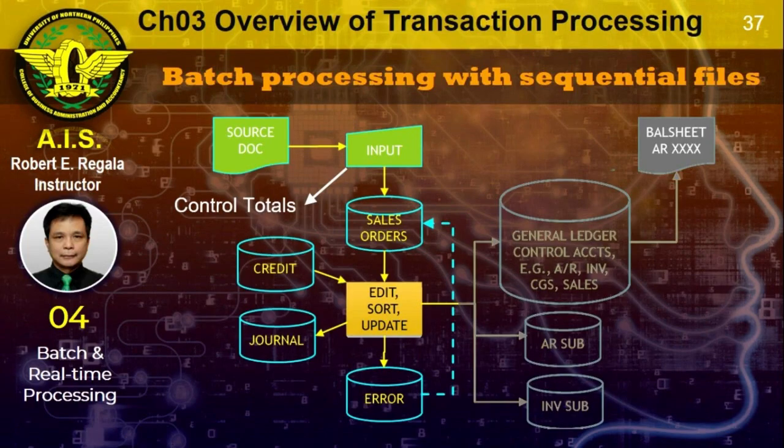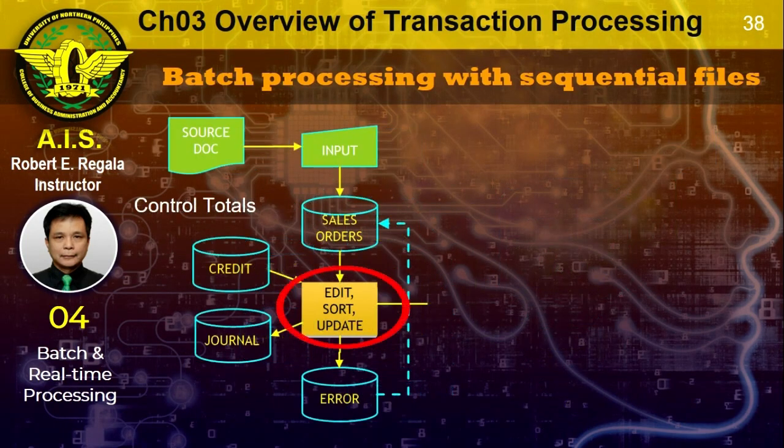After each processing run, that is, the edit, sort, and update runs, control totals are recalculated and compared to the previously calculated value. Thus, if a record is incompletely processed, lost, or processed more than once, the batch totals calculated after the run will not equal the beginning batch totals.